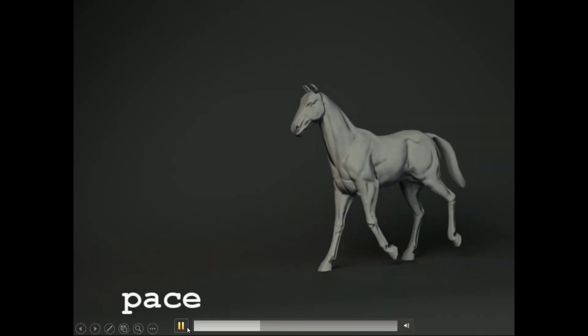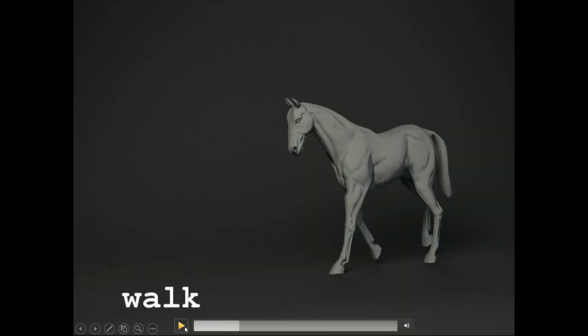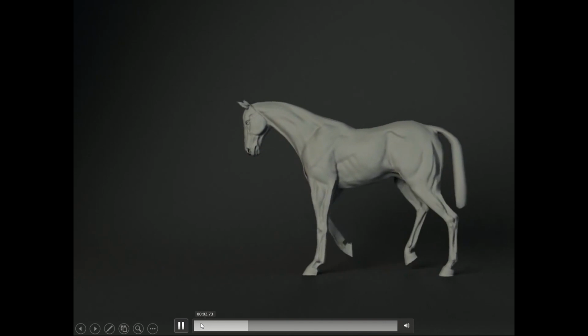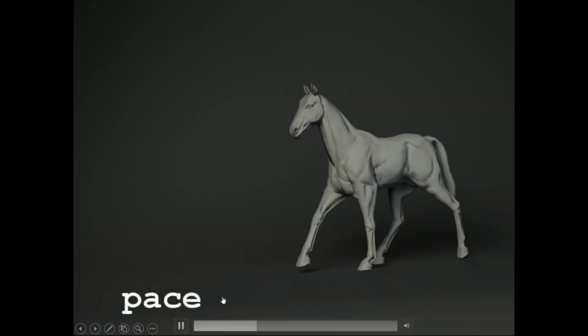It will move in a sequential manner, 1 2 3 4. In the same way, another gait is pace. The movement of the fore and hind limb on a single side, left or right, will be forward together.